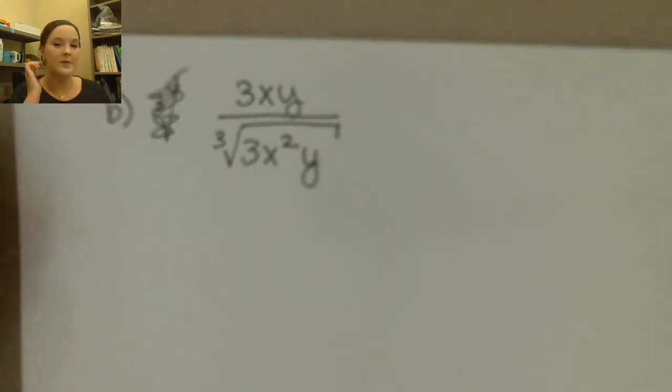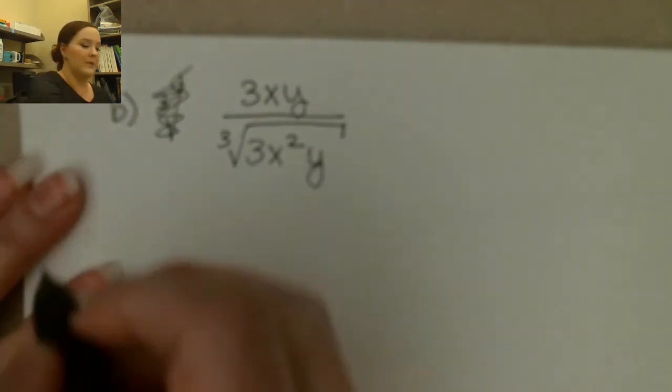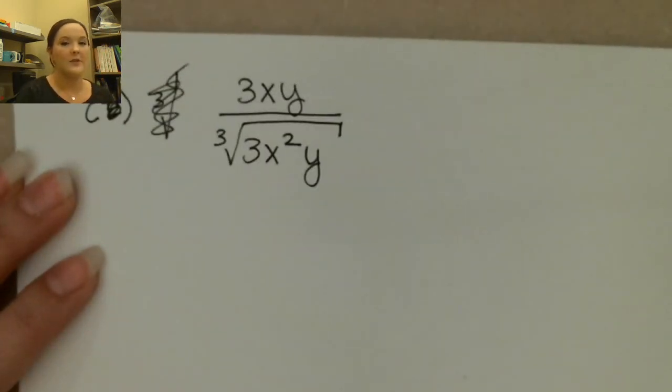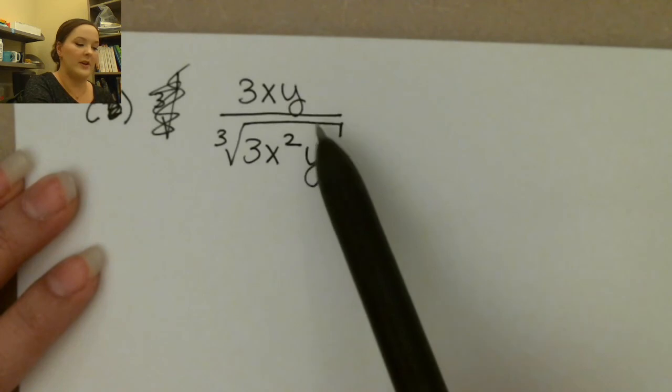You can see here that we definitely have some common factors that we want to cancel, and that explains why you might be interested in rationalizing the denominator. You're definitely going to be able to cancel some things here, here, and here.